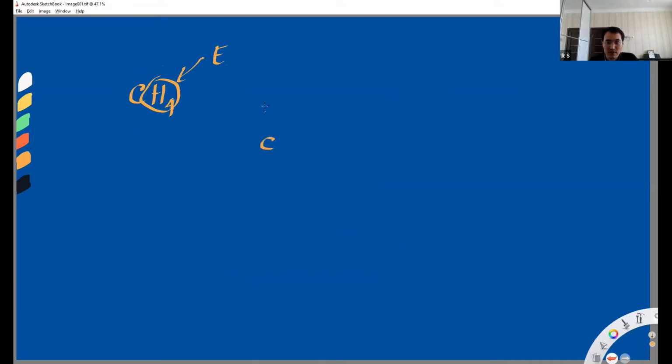If you remember, methane looks like this. Let's say this bond was attacked by energy, and it made this hydrogen split from the molecule.